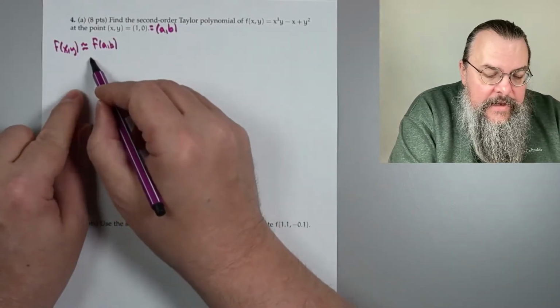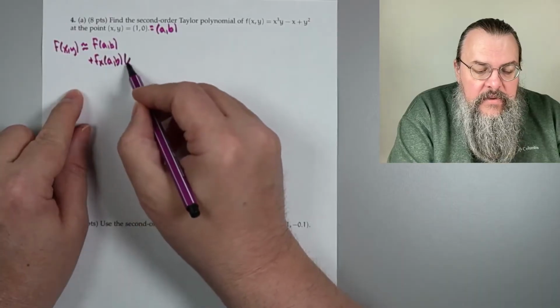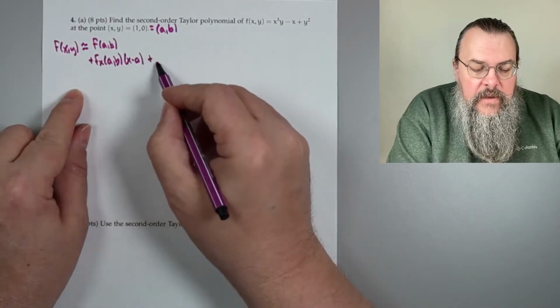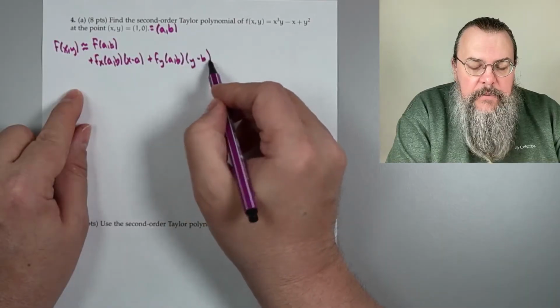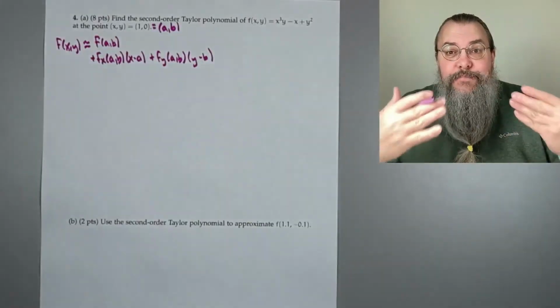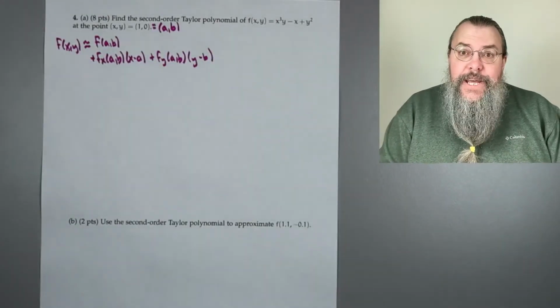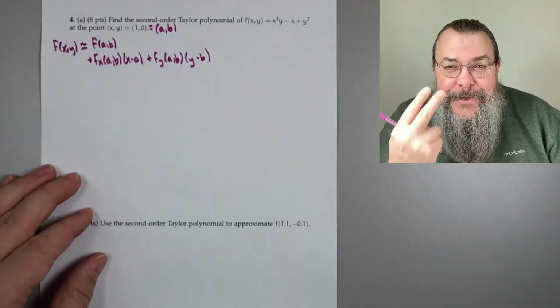And then you add in the first derivatives, f_x(a, b) times (x minus a), plus f_y(a, b) times (y minus b). And if we stopped here at just these two, we'd have the tangent plane. So the tangent plane, it's a Taylor polynomial. But we're going for second order.